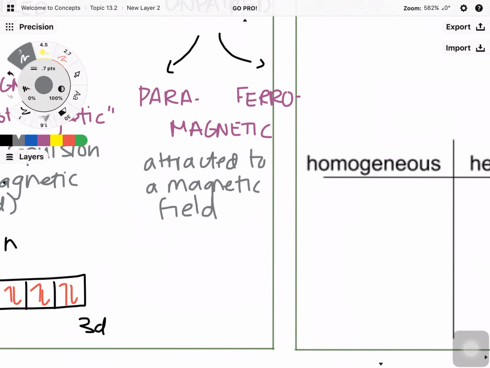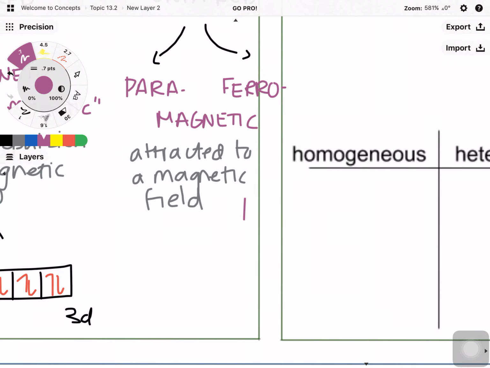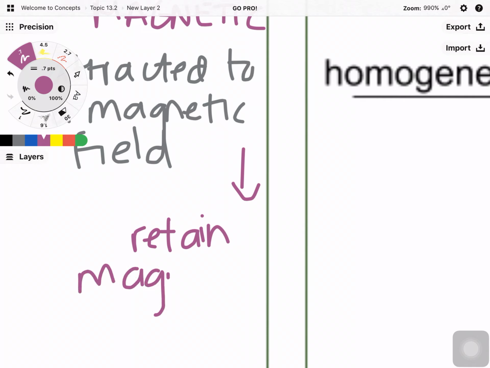However, ferromagnetic substances go one step further. Ferromagnetic substances retain their magnetic properties after they've been removed from the magnetic field. So they stay magnetic even though they're no longer in a magnetic field.